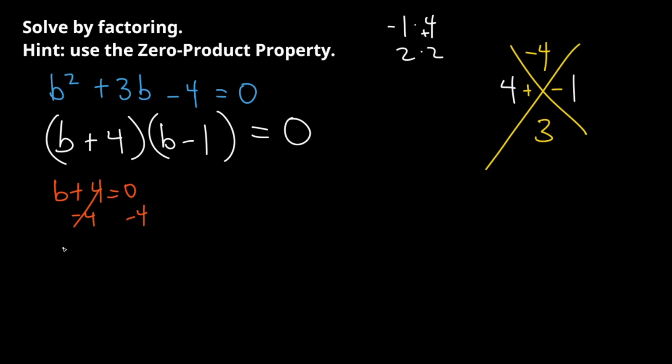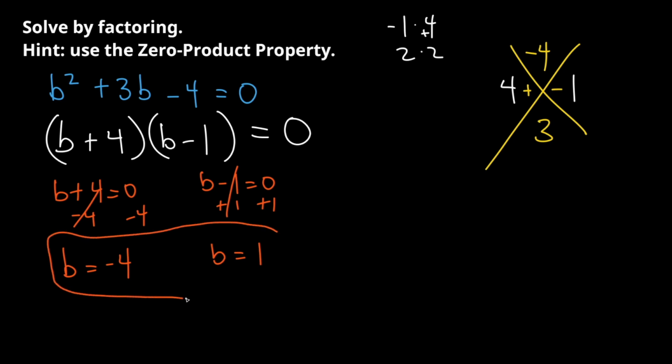Subtract 4 from both sides, b equals -4. Now we'll do the same thing, b minus 1 equals 0, add 1, b equals a positive 1. So our two values of b that will make this equation 0 are -4 and 1.